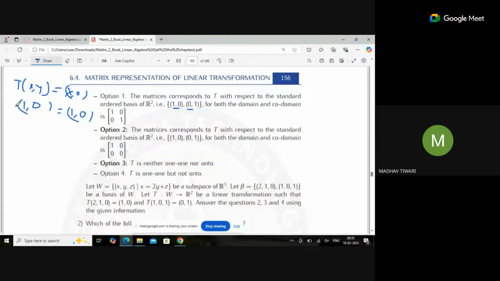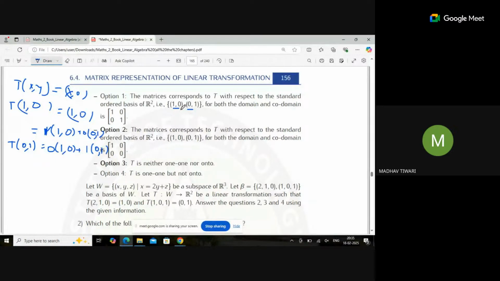So I can write the transformation of (1, 0) as 1 times (1, 0) plus 0 times (0, 1). Next, the transformation I want to apply on (0, 1): I can say 0 times (1, 0) plus 0 times (0, 1).